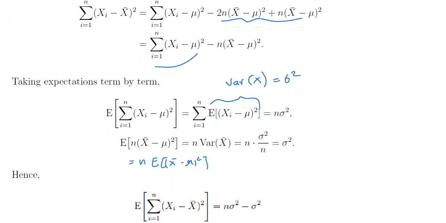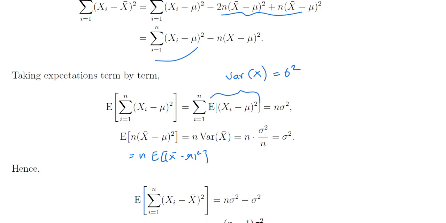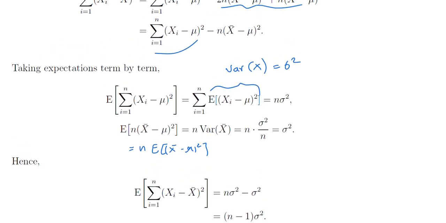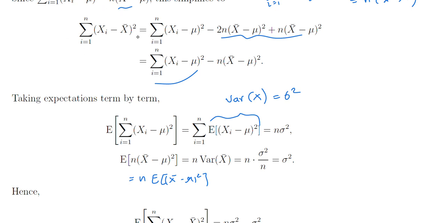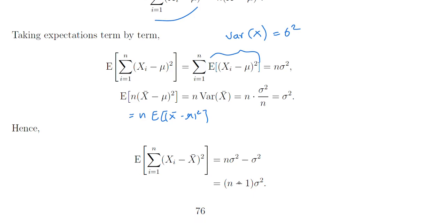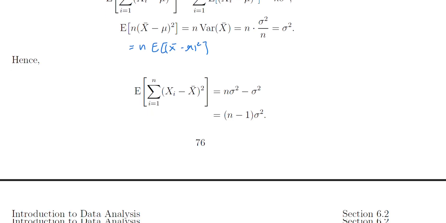That's how we define the variance of x bar. And we know the variance of x bar is sigma squared on n, which simplifies to sigma squared. So if we compute the expected value of this term, which is this term minus this term, it is n minus 1 sigma squared. But that's not what we really need.